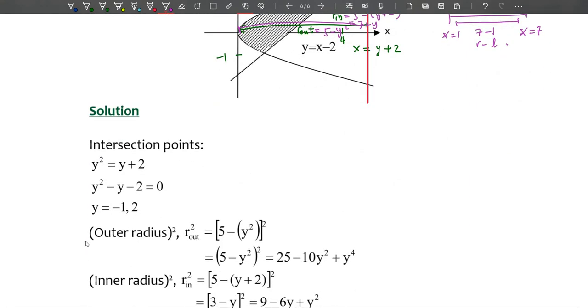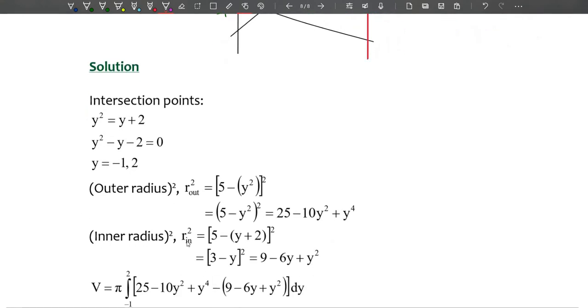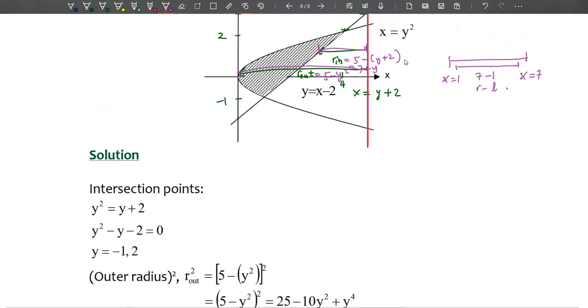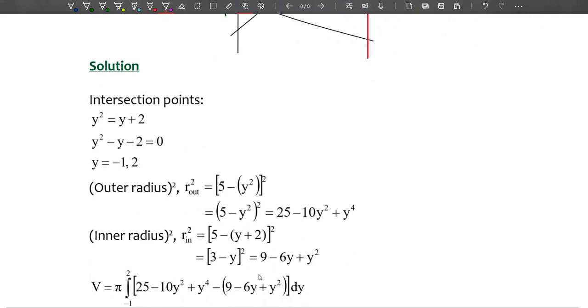As you can see here, the outer radius squared r out squared is equal to (5 minus y squared) squared. Expand it outside the integral so that your integral would be less complicated. You have here the outer radius squared, and the inner radius squared, r in squared, is equal to (5 minus (y plus 2)) squared, as I've written here, where we have (3 minus y) squared.